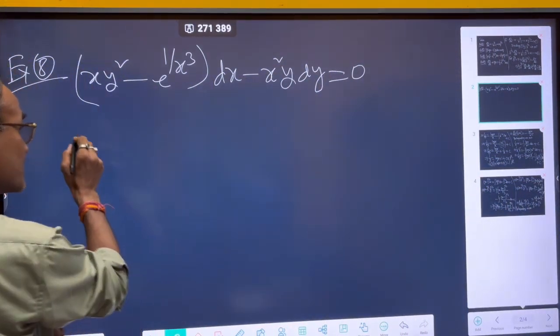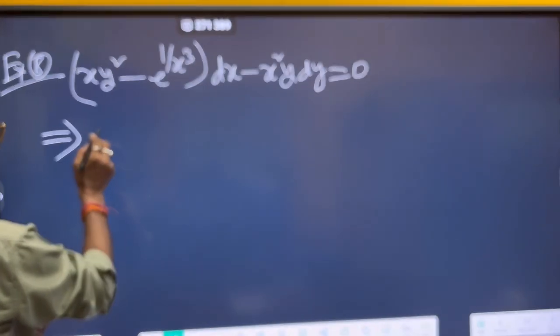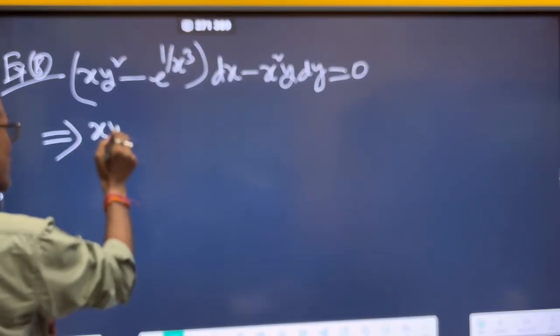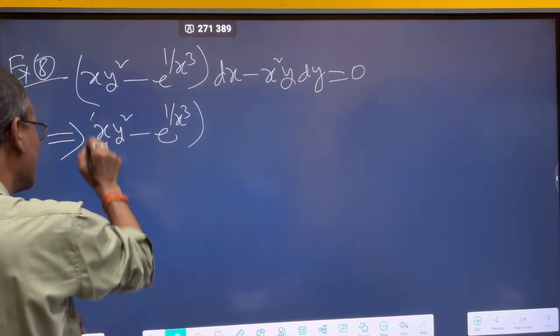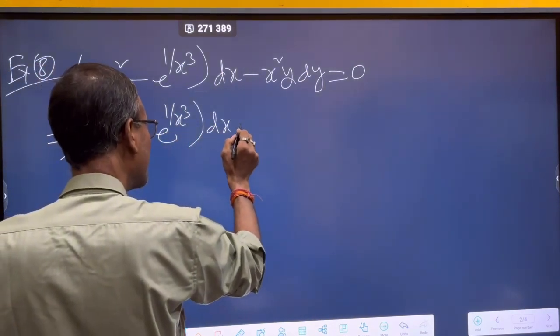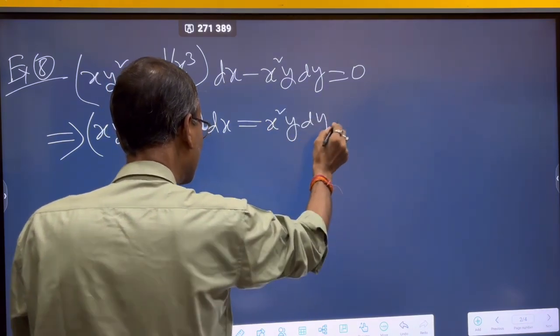This can be written as xy square minus e to the power 1 by x cube dx equal to x square y dy.